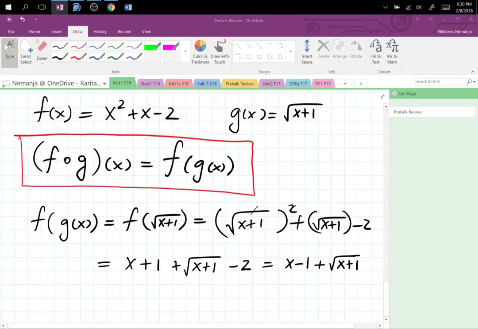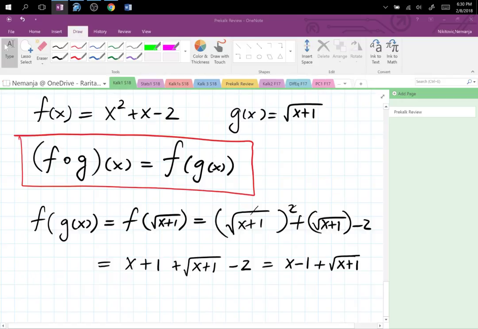Observe that the function at the end doesn't look like any of the input functions. Sure, it has this component of x plus 1, square root of that, but this function is not a polynomial because it has a square root. Over here, f is a polynomial. This is a radical function. Well, this is not a pure radical function because this is not all under the radical, right?